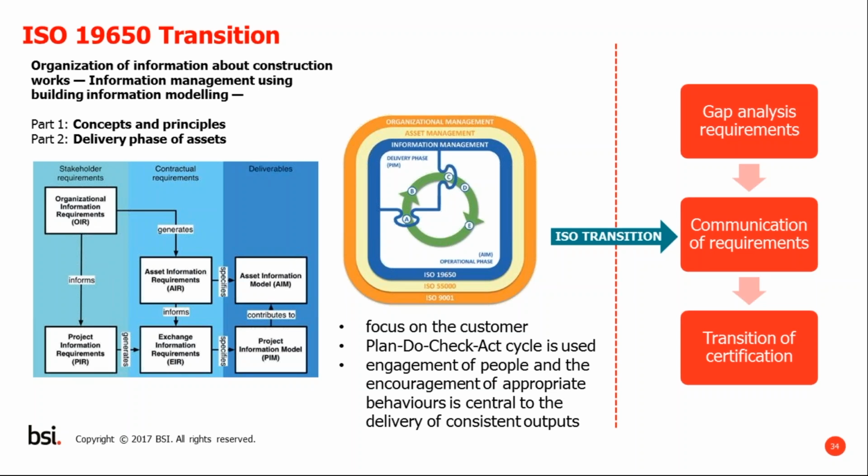Over a period of time, we'll transfer certification against the 1192 standards to ISO 19650. This is something BSI do a lot with the countless other schemes that we manage, so it's a process that we're very good at.